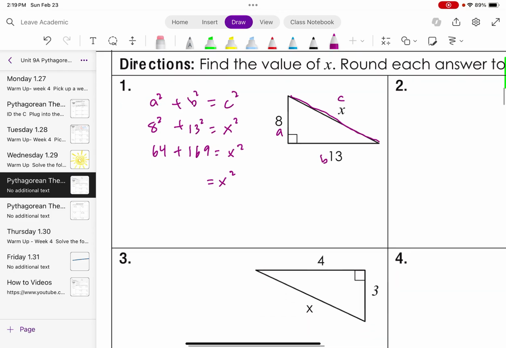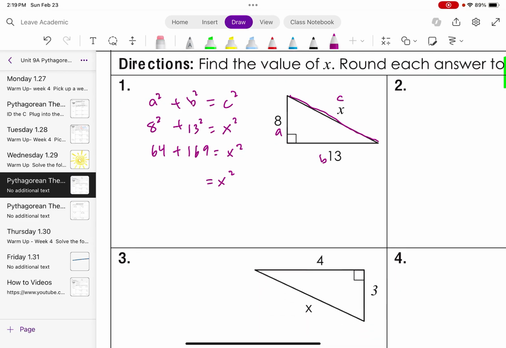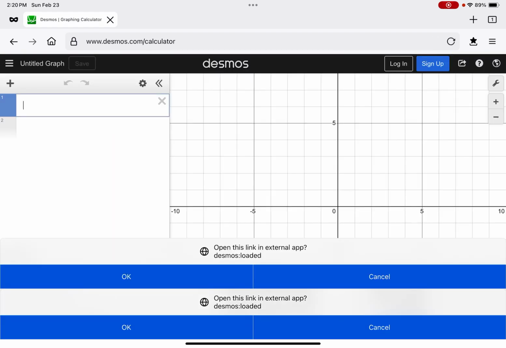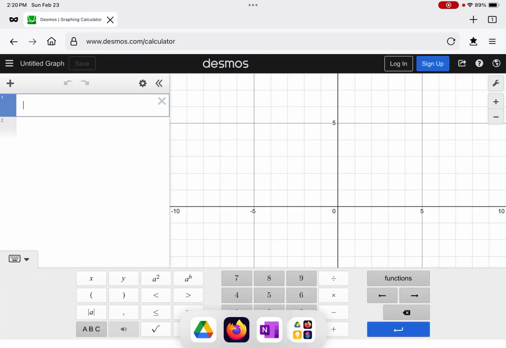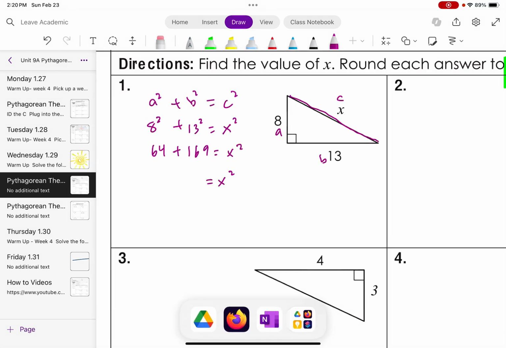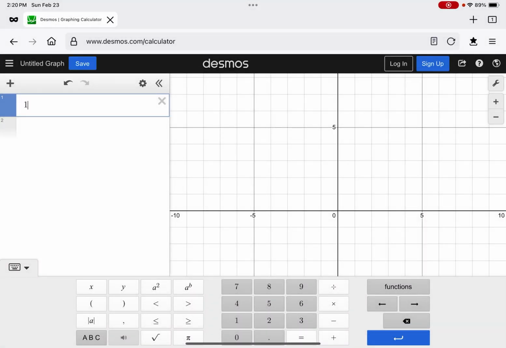And so here we just have to add up these numbers, right? So 64 and 169. Let me go back over here. If I go back to here, 169 plus 64, and there you go, you get 233, okay?